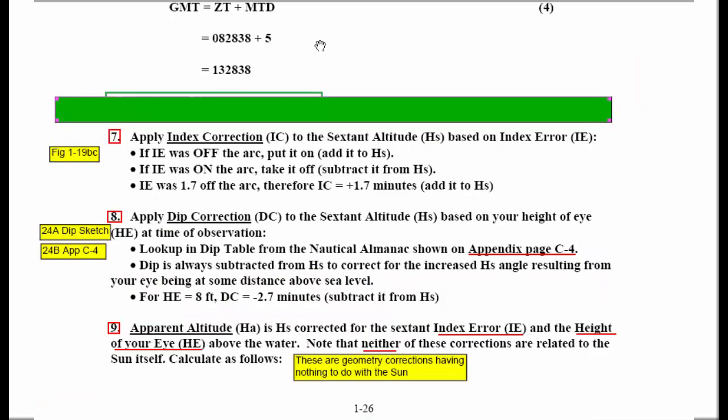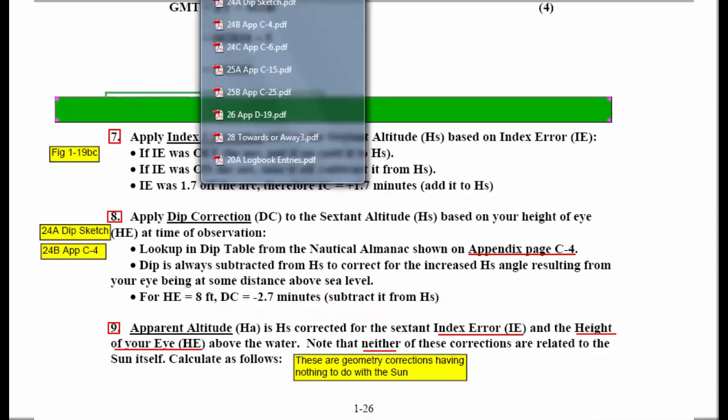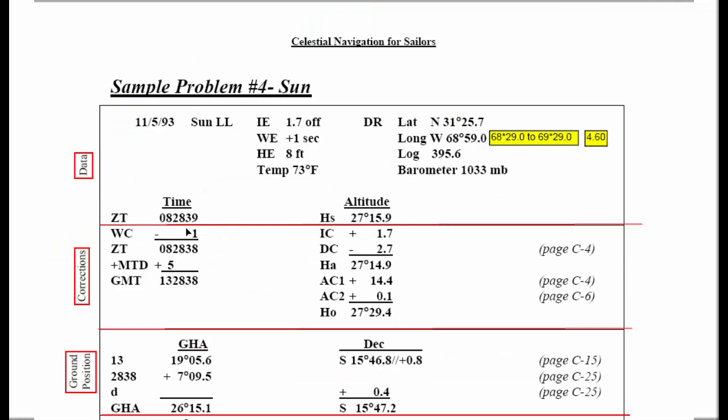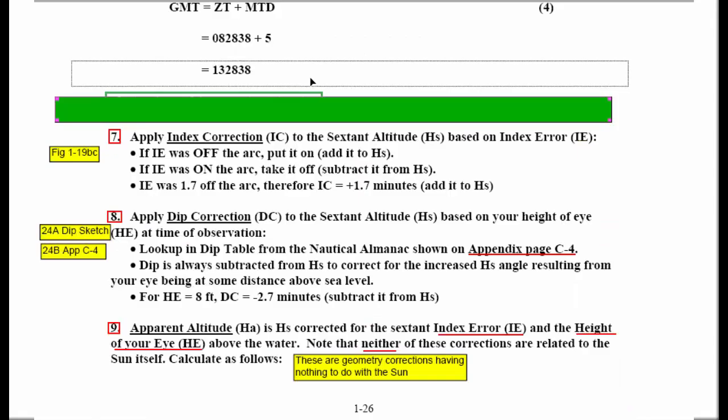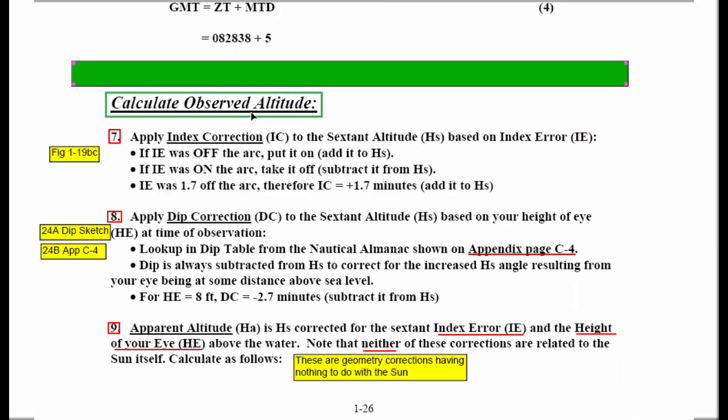And that is shown on our calculation right here, where we take our zone time, 0828.39, and we subtract 1 second for the watch error correction, and we add the 5 hours for the time zone difference, and we get a corrected Greenwich time of 1328.38. Then our next step is to calculate the observed altitude.